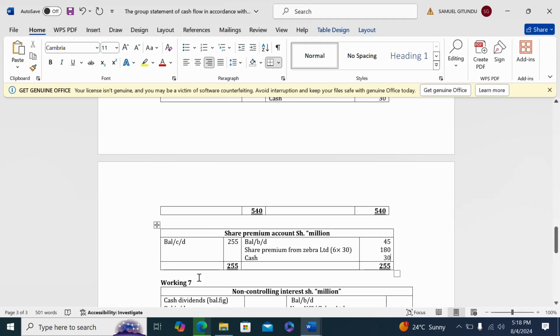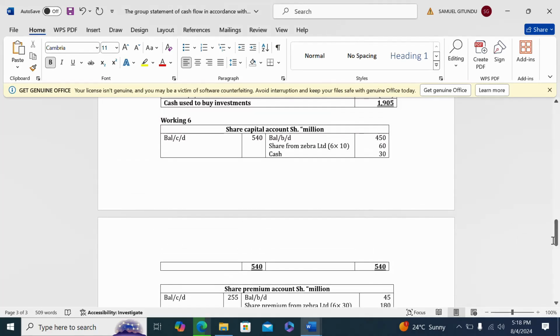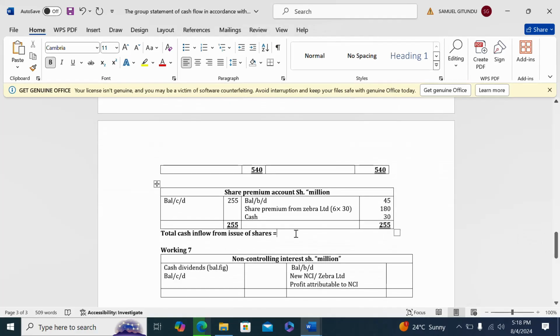So the total cash inflow from the issue of shares will be equal to this 30 million from share capital and this 30 million from share premium.